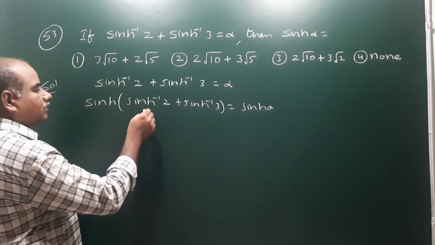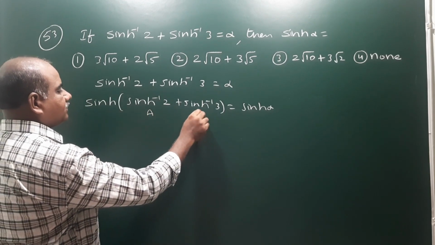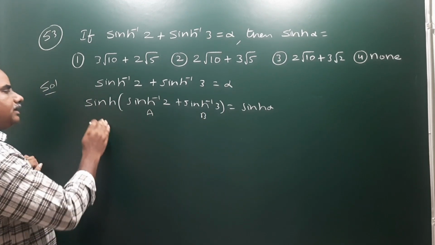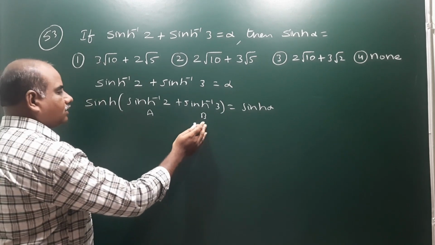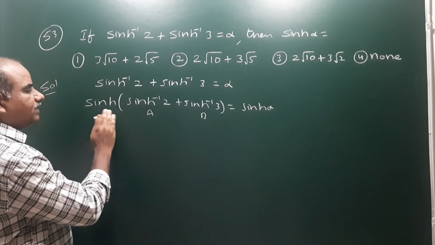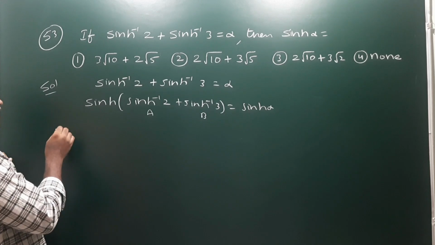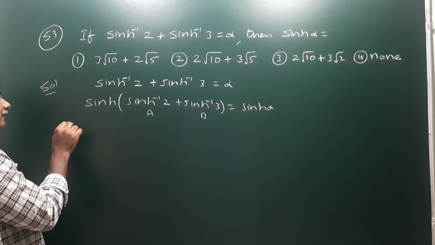Let us suppose this is taken as a and this is taken as b, then it becomes sinh of a plus b. So apply the sinh of a plus b formula.